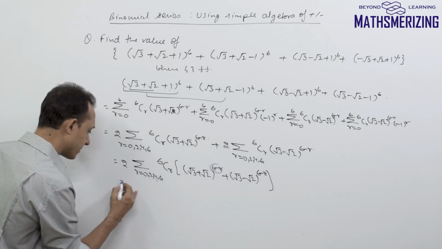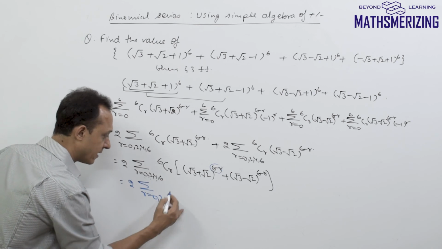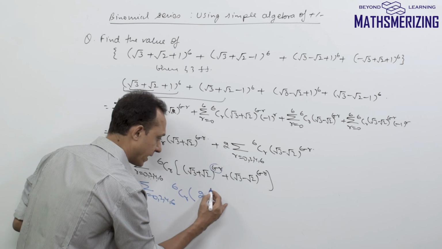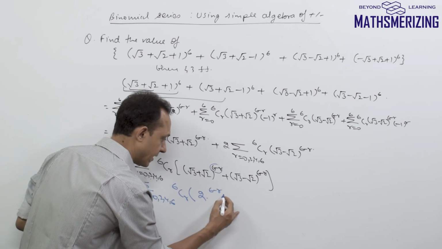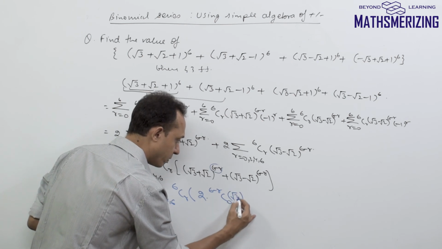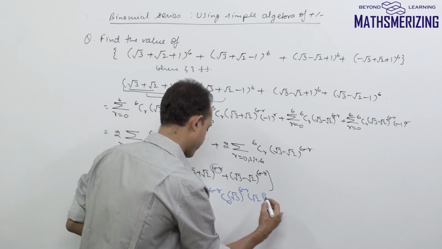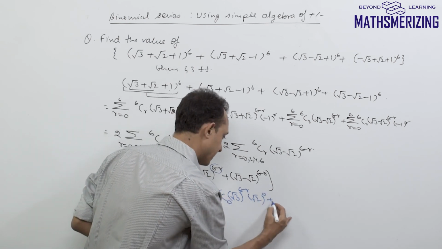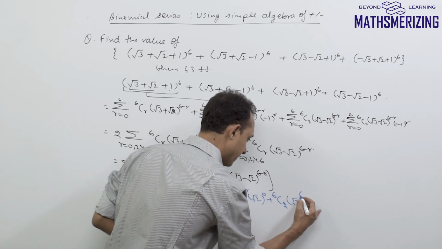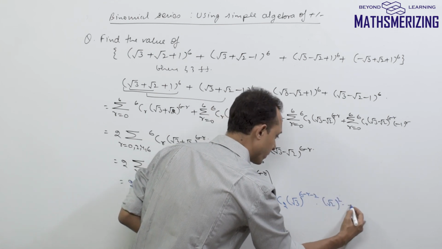So here what I'll get is 2 times summation over r, 6Cr, and here I'll get 2 times the first term, which is (6 minus r)C0 root 3 to the power 6 minus r root 2 to the power 0, and then plus (6 minus r)C2 root 3 to the power 6 minus r minus 2 root 2 squared, and this series will continue.